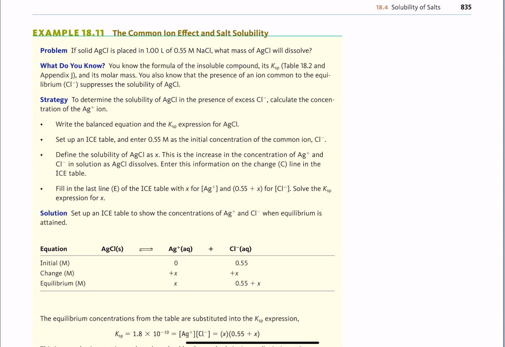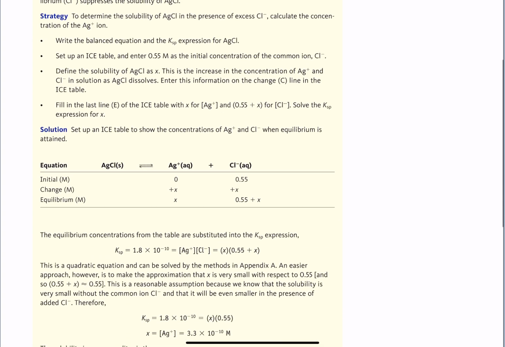The change is 1-to-1 because every silver chloride that does manage to split apart will produce the same number of silver ions as chloride ions. Finally, in the E, or equilibrium, part of the ice chart, we add the first two rows together, and we get X for the silver ions and 0.55 molar plus X for the chloride ions.